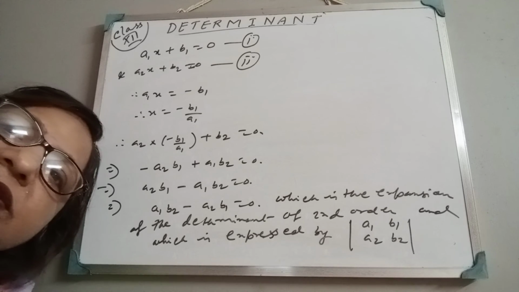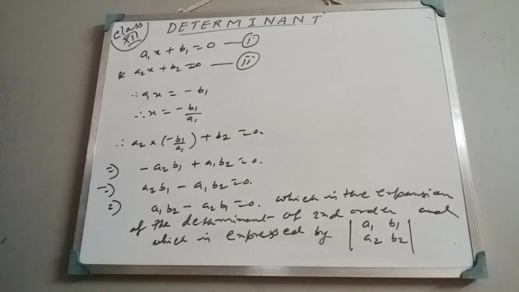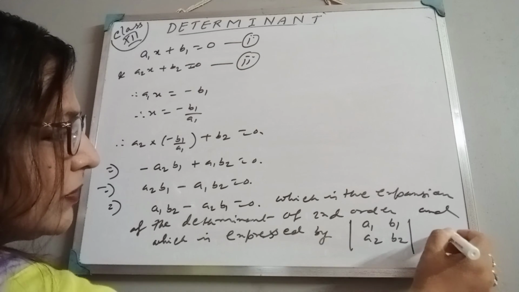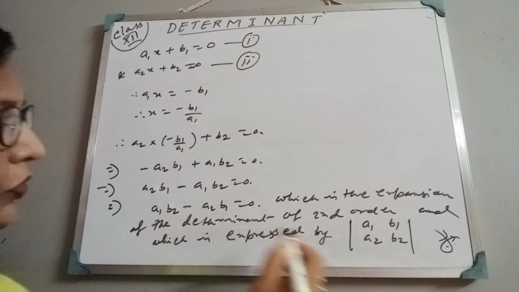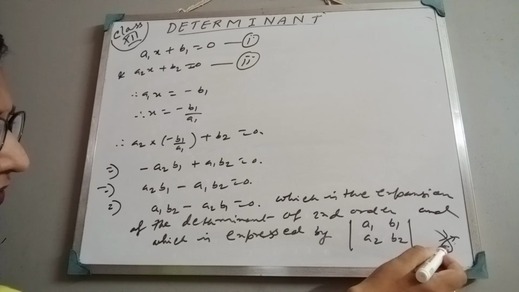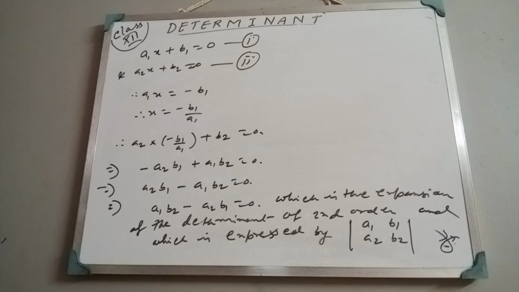See the expansion rule. We are following actually the same rule. a1b2, the direction is this, minus a2b1 this, and the sign will be minus. a1b2 minus a2b1, same direction we are following.